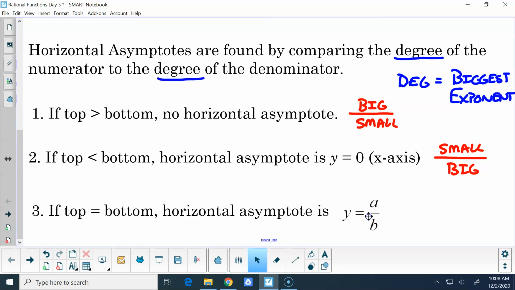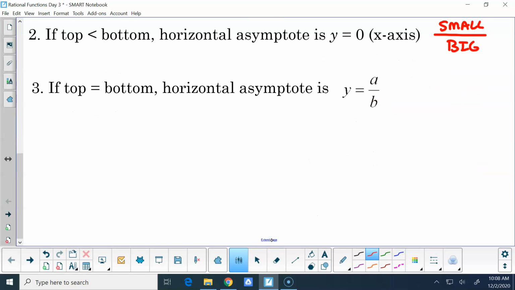This bottom one is the one where you have to do some thinking. I don't want to say the most confusing, but it's the one where you have to do some thinking. When those two exponents are the same, okay? When they're the same, then our horizontal asymptote is the line y equals a over b.